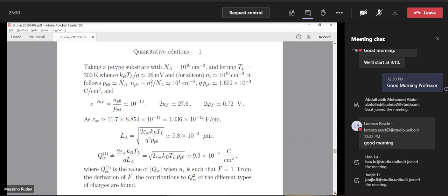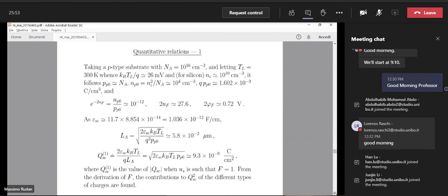So as anticipated, the factor exponential of -2 UF is very small. The one that is in the expressions coming from the solution of the Poisson equation.